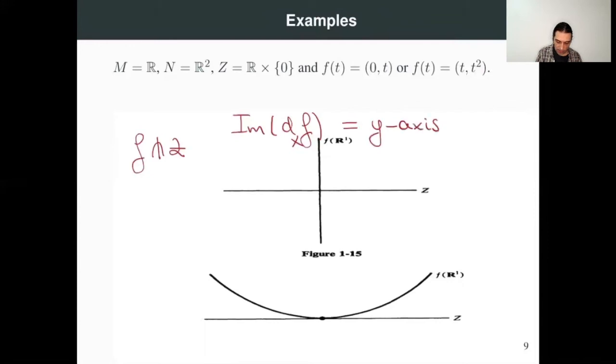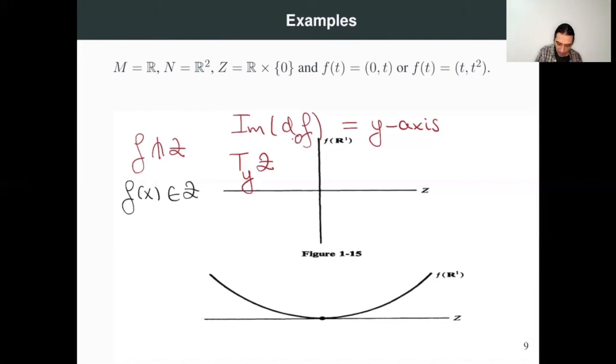What we have to check out are the points X such that F of X belongs to C. But the unique point such that its image belongs to C is 0.